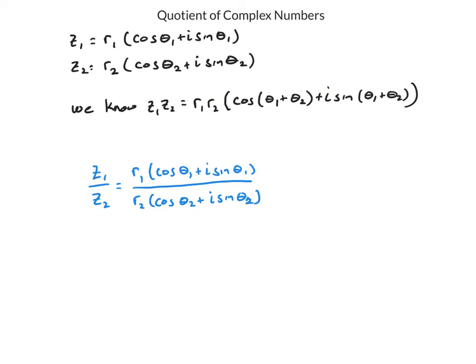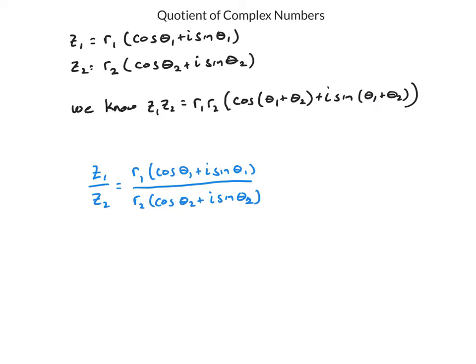Now that we have the product down, let's take a look at how we find the quotient of two complex numbers. Again, we'll have z1 is r1 cosine theta 1 plus i sine of theta 1, and z2 is r2 cosine theta 2 plus i sine of theta 2. We're not going to go through the complete derivation of it. If you want to see that, it is on page 730 of your textbook. But think about it this way: we know the product of two complex numbers is equal to this.